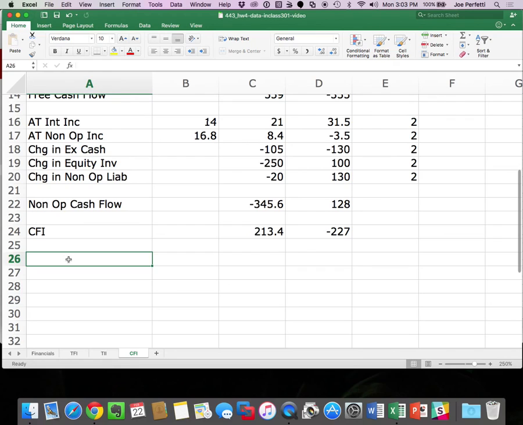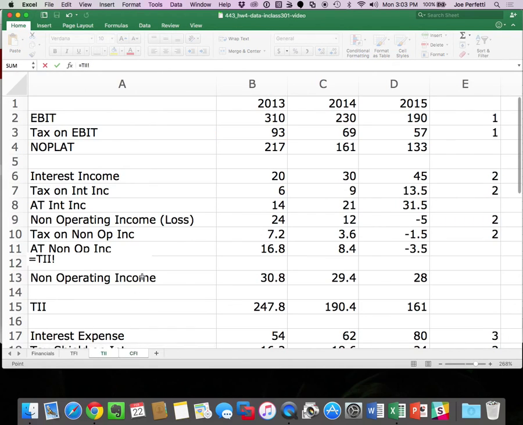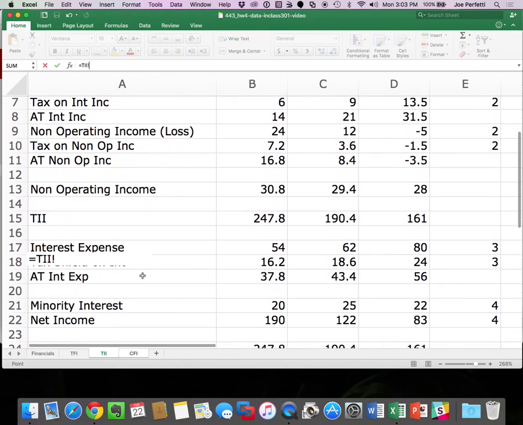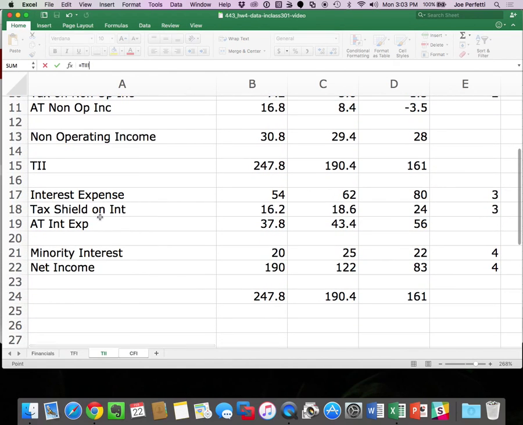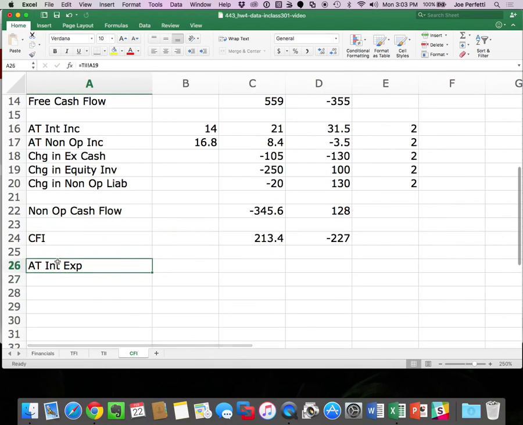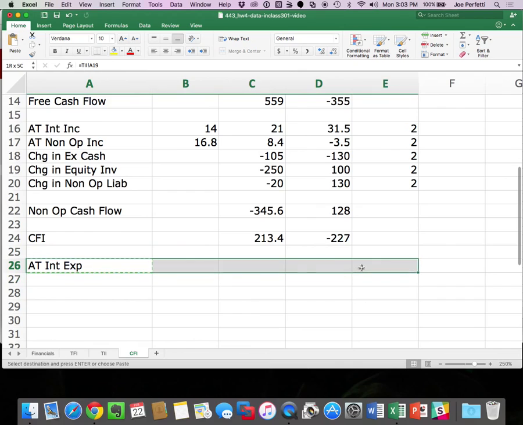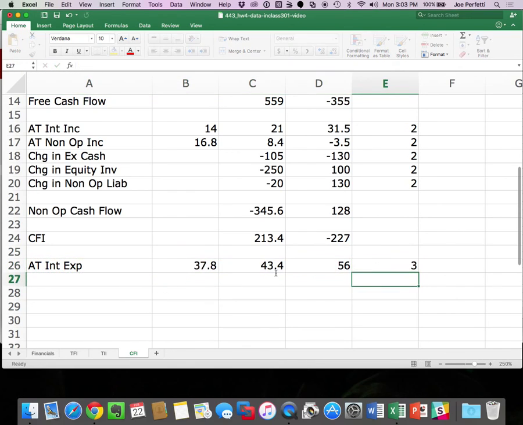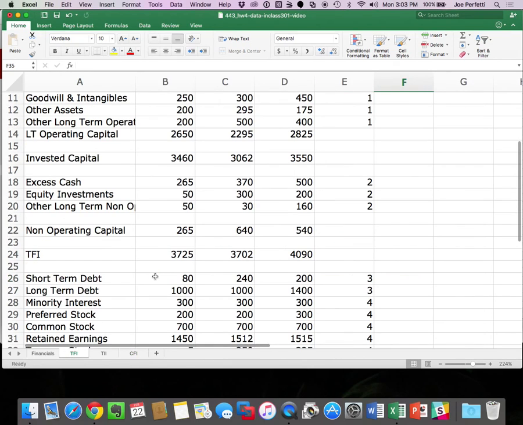Next, debt equals TII. Anything that's a 3, well, the good news is my 3's after tax interest expense. TFI. Anything that's a 3 is a change.